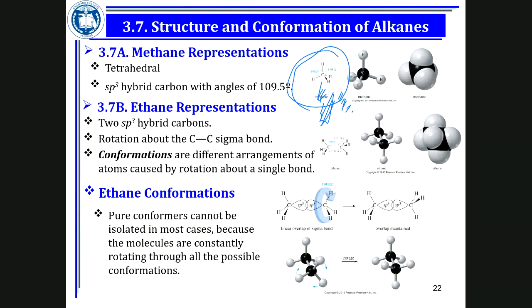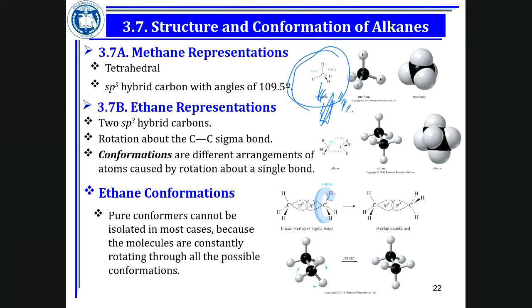As you rotate, the distance between the hydrogens is increasing, the repulsion is decreased, the steric hindrance is less, and this is going to be the maximum. So this position is called staggered. So we have a staggered when the hydrogens are as far as possible from each other, and then the eclipse when the hydrogens are covering each other and they are as close as possible to each other.